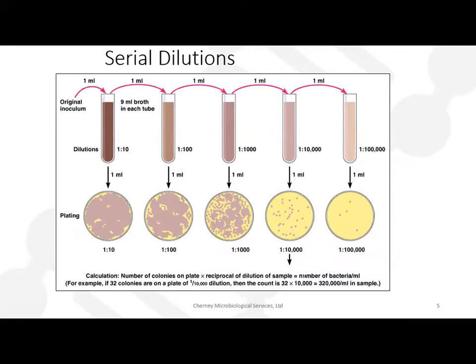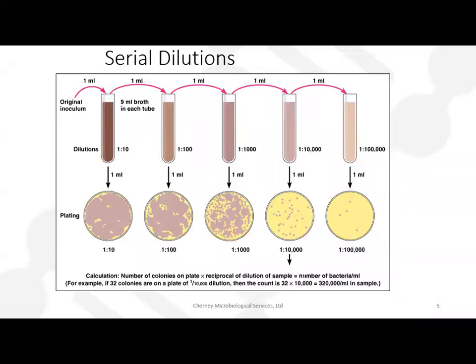So you'll do it again, take 1 mil from your 1 to 100 dilution and yield a 1 to 1000 dilution, plate 1 mil, and it's getting pretty good, but we still want to separate those colonies out a little bit further. So we'll do another dilution step, 1 to 10,000. Plate 1 mil, and that has a very good bacterial count. All those individual colonies are very easy to see.